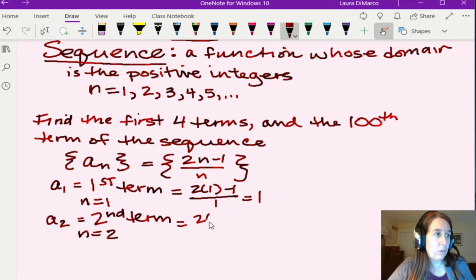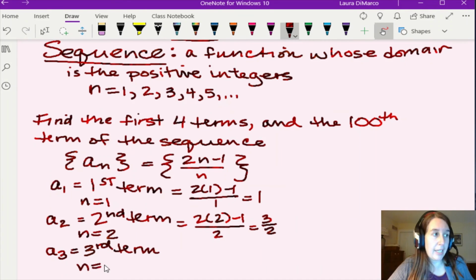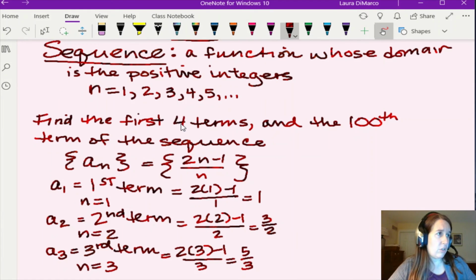So that's 2 times 2 minus 1 over 2. So 4 minus 1, so 3 halves. A sub 3 is the third term, and that means n is equal to 3. So 2 times 3 minus 1 over 3. So that is 6 minus 1, 5 thirds.